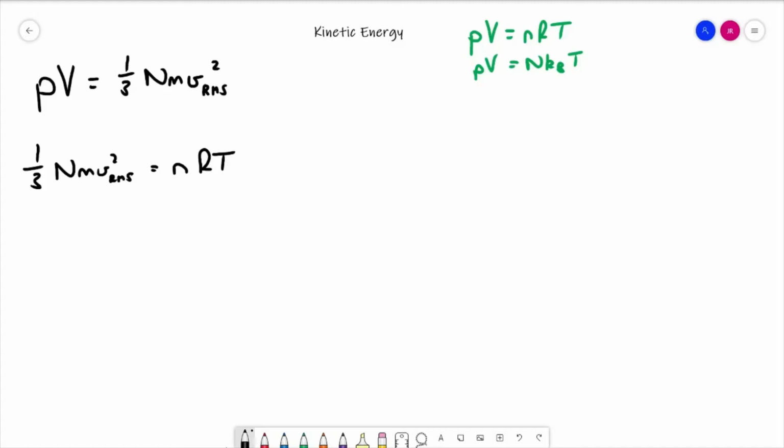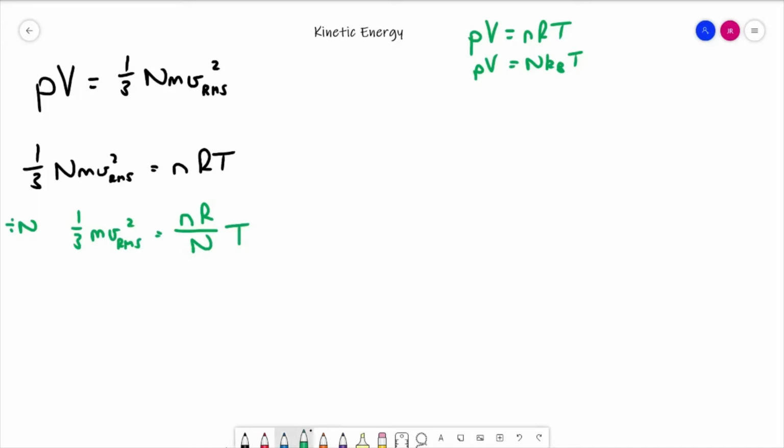Now, of course, the first thing I want to do is divide both sides by the number of molecules. So we end up with a third mv RMS squared is equal to nR over the number of molecules times the temperature.